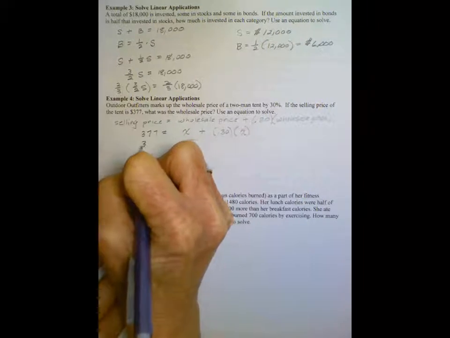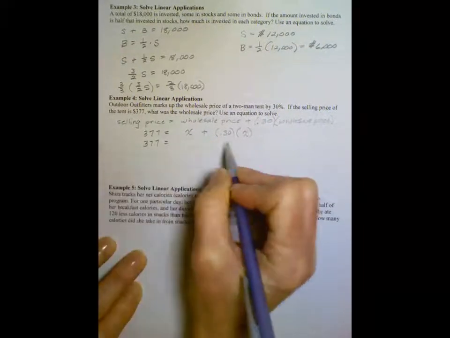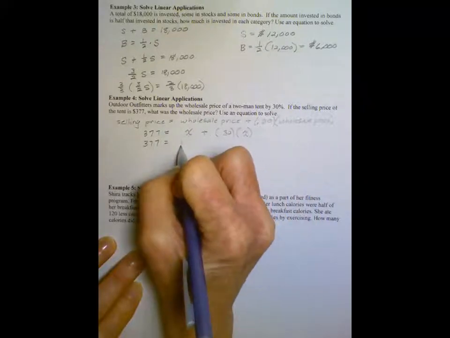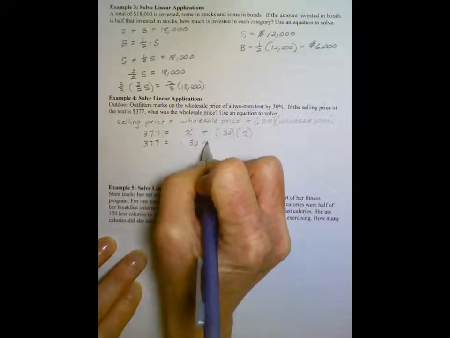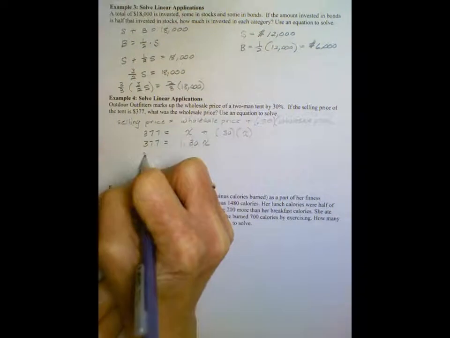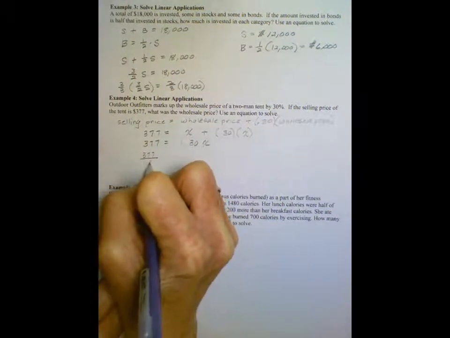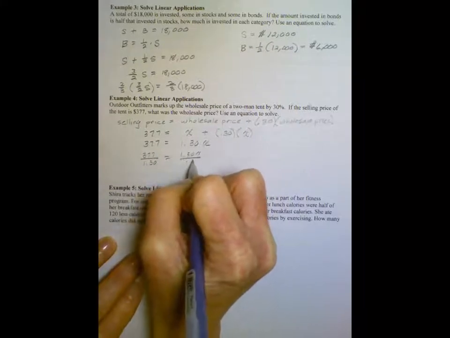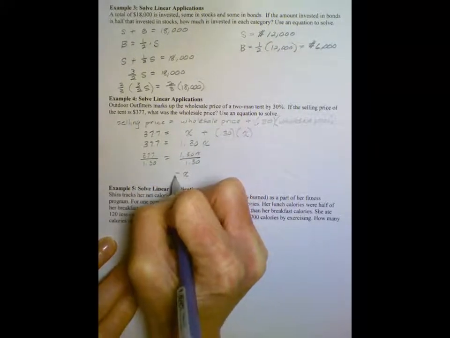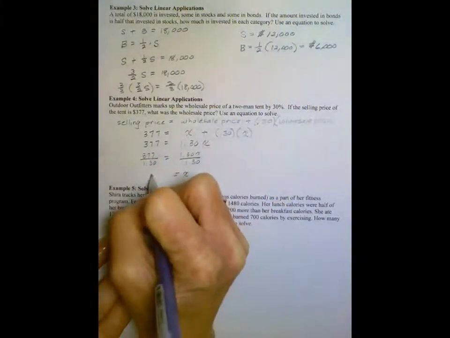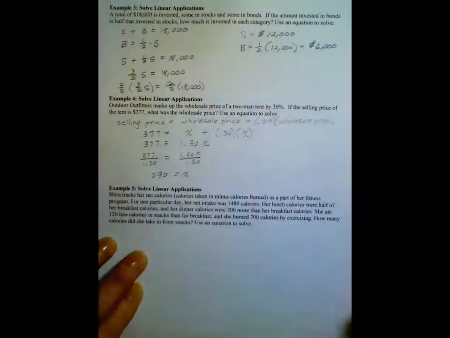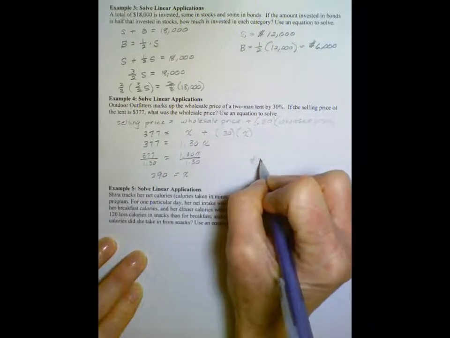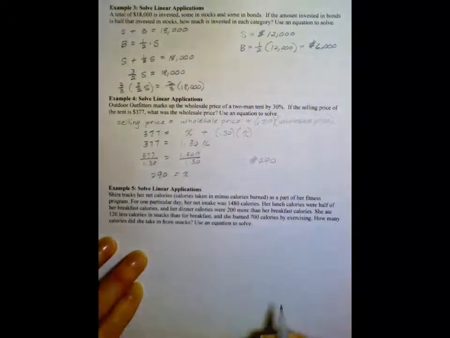Simplifying the right-hand side, we have decimals here because we're talking about money. 1x plus 0.30x is 1.30x. Divide both sides by 1.30. And we get x is equal to 290. So the wholesale price is $290.